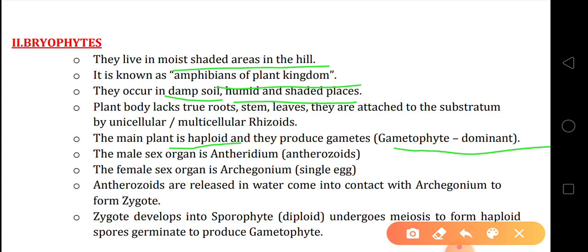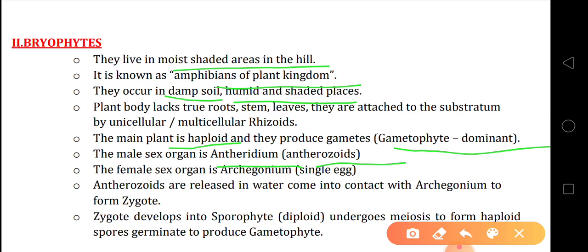The male sex organ in bryophytes is the antheridium, that releases the antherozoids.